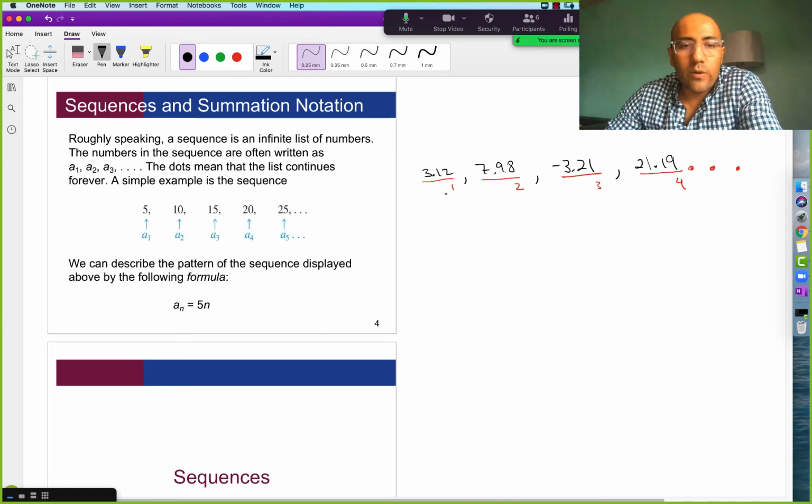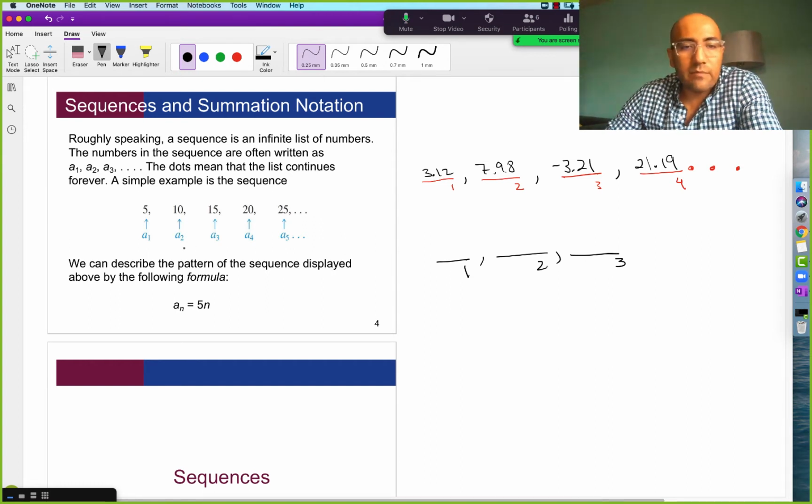So when we refer to a list, and we want to talk about the first one on the list, how do we use math language to indicate that it's the first one on my list, the second one, or the third one? That's where we introduce these variables.